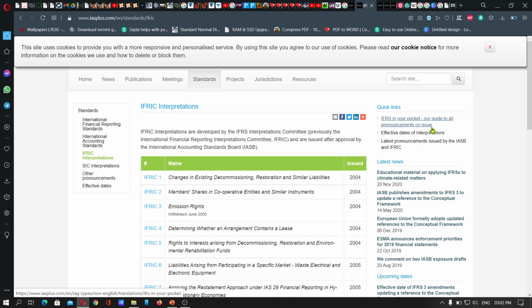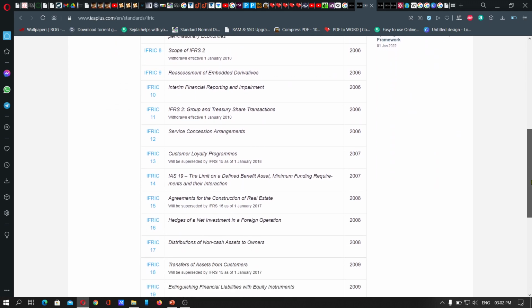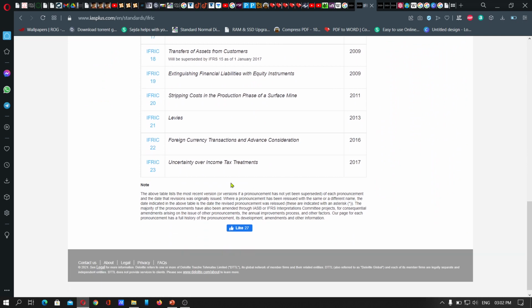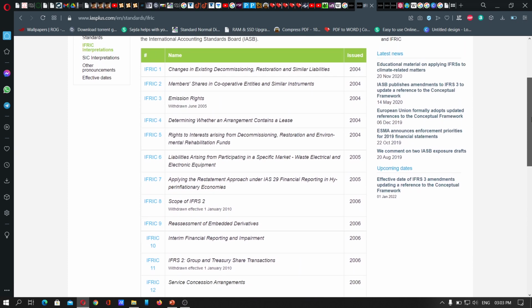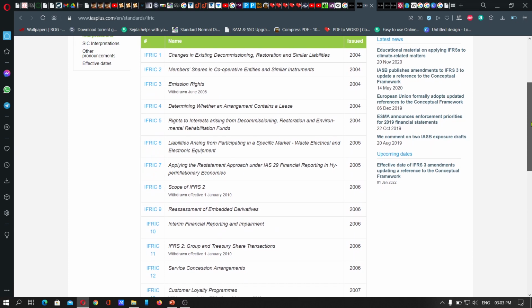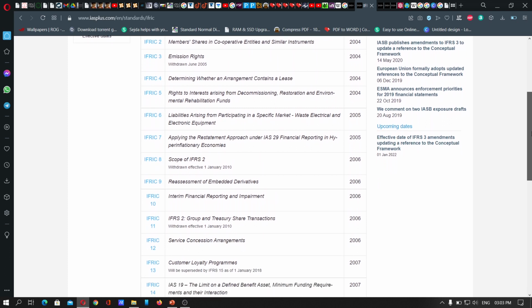IFRIC means International Financial Reporting Interpretations Committee, and until now there are a total of 23 IFRIC. IFRIC means interpretations published by the committee. There are 23 IFRICs. So go through each of these IFRIC, try to familiarize what is meant by IFRIC 3 or IFRIC 8 or anything like that.